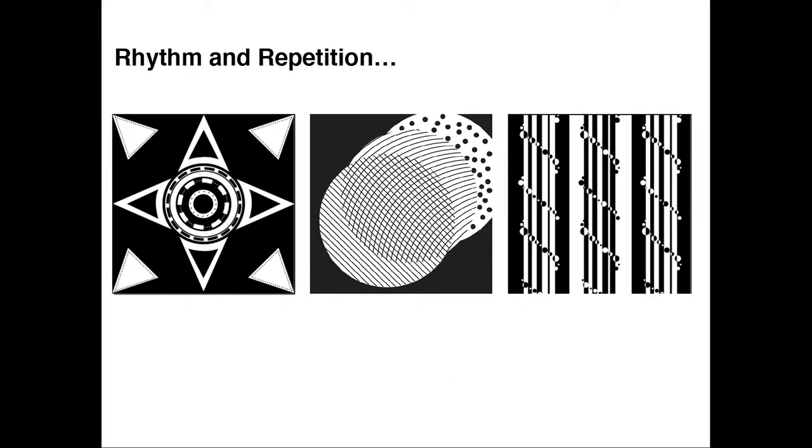So let's look at a couple of other examples. Some of the examples that I put in here are really strong compositions and some are not as strong. These are 3 examples of rhythm and repetition. Which do you think is the least successful composition? The middle one. Why? Who said that?